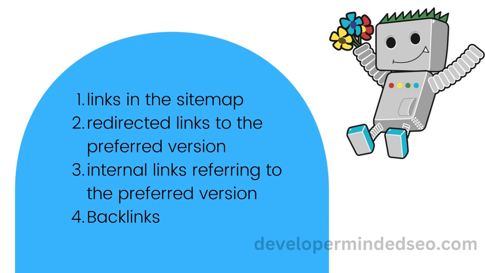So inspect the URL which Google has selected as the canonical and check all other external factors. These external factors will lead Google to pick those as canonical URLs. So check the external signals, and you need to give all the external signals to choose the preferred version URL.